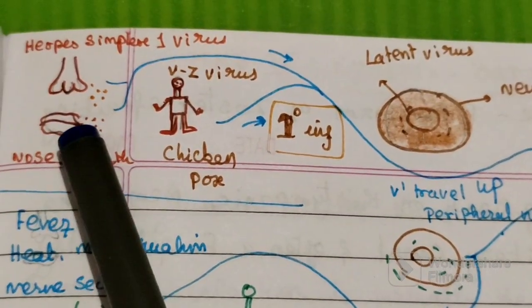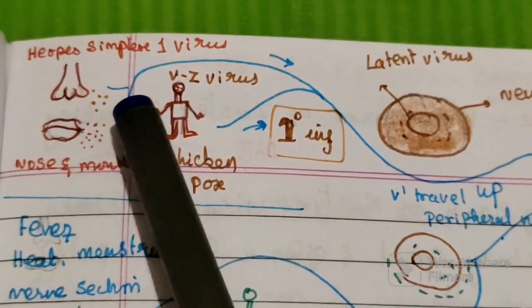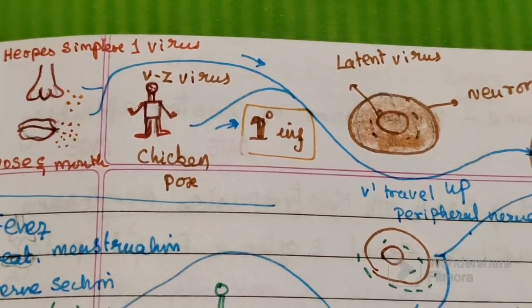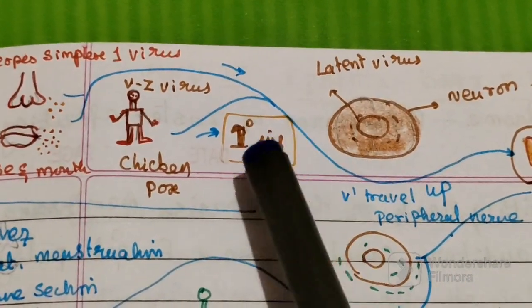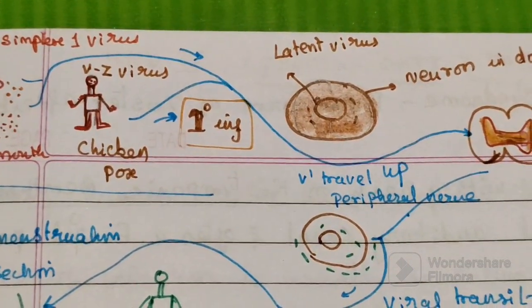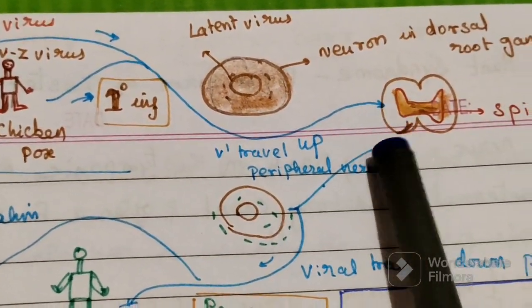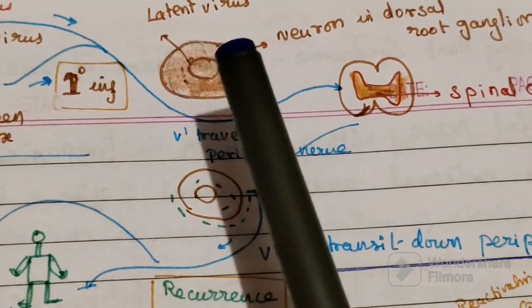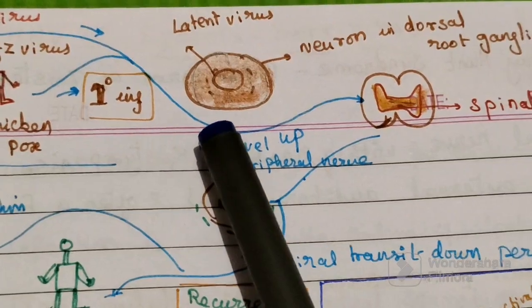So this is the primary lesion around the face and nose. The virus going through the nose remains dormant in the sensory ganglion for many years. This is the latent virus.